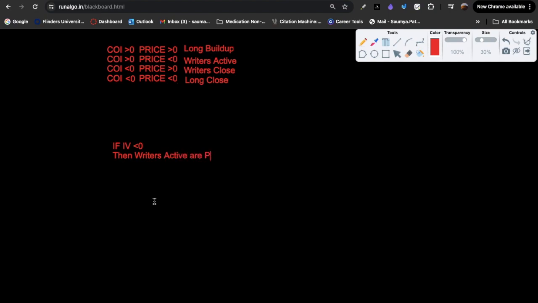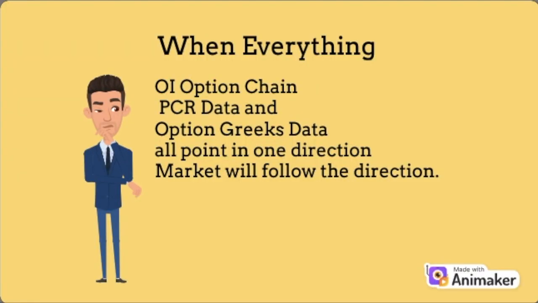When we look at all of these pages one by one, suppose in the OI option chain we see that the call option writers are not leaving their position. In the PCR data we can see that there is a lot of call COI happening and the PCR is very low, like 0.5 and something.